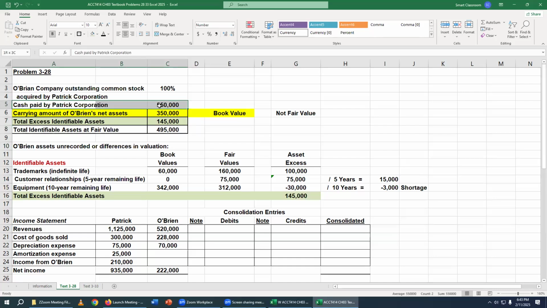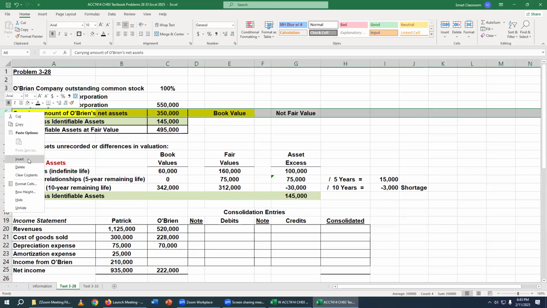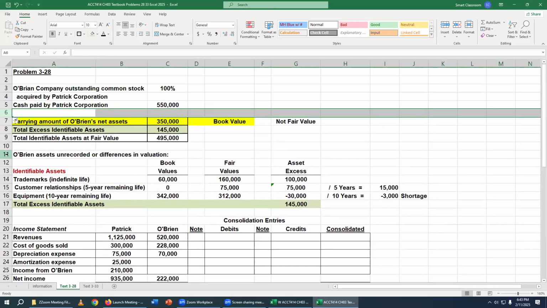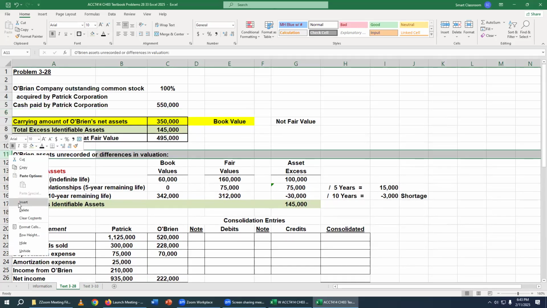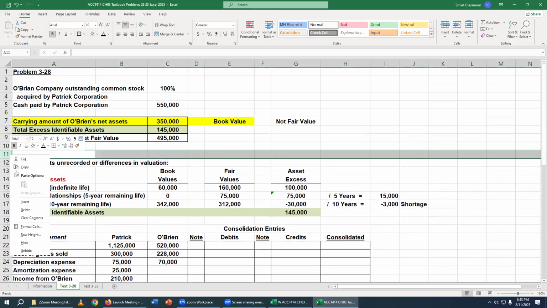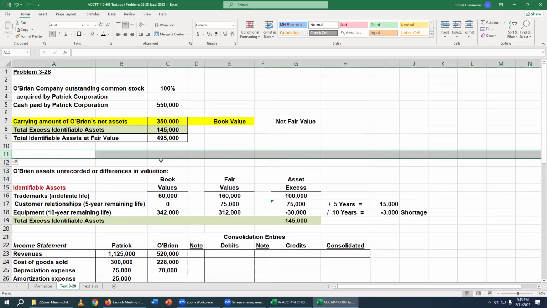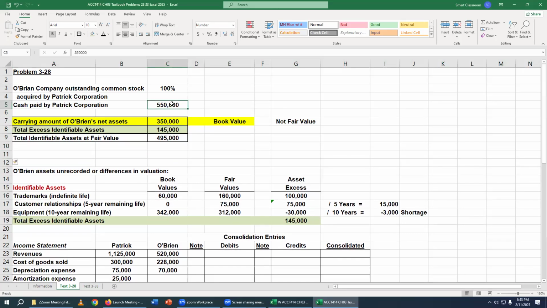The cash price they paid was this. So the goodwill must have been 550 minus that. Was it 55? Yeah, 55,000. So this would be the goodwill.